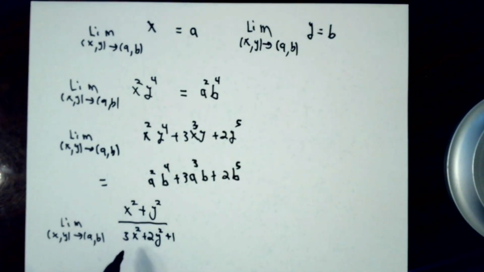Both of those limits will exist because of the polynomial thing. 3x squared is non-negative, so is 2y squared, so the bottom of the fraction is at least 1, so it's never 0. Then, following our previous ideas, the limit is easy to figure out.